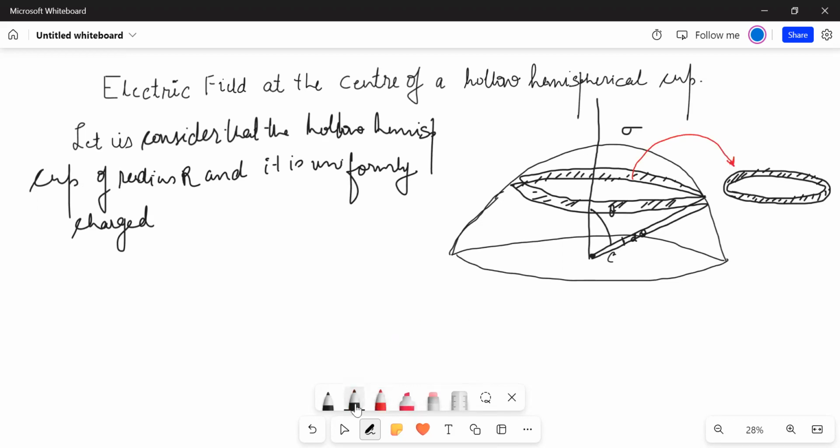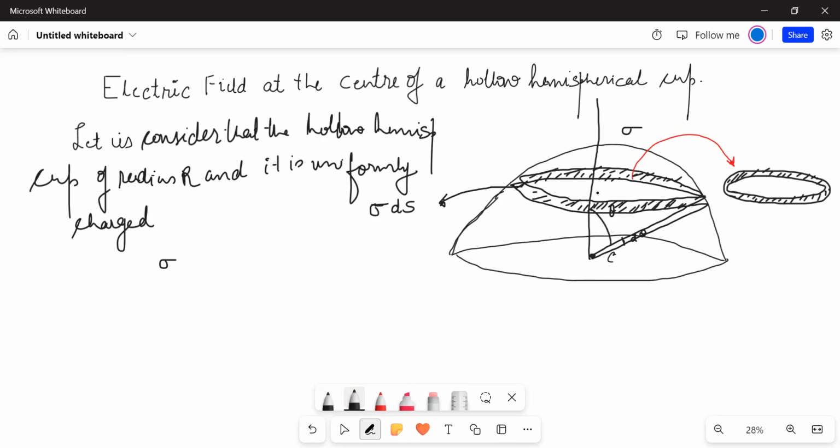Now you see, the case of a ring we have done already. What would be the charge contained over this particular ring? The charge contained over this ring would be simply sigma into ds. And what would be ds? So let's say this is theta.